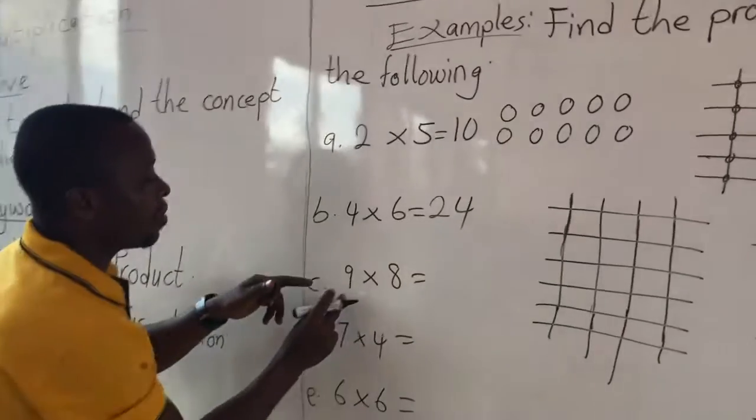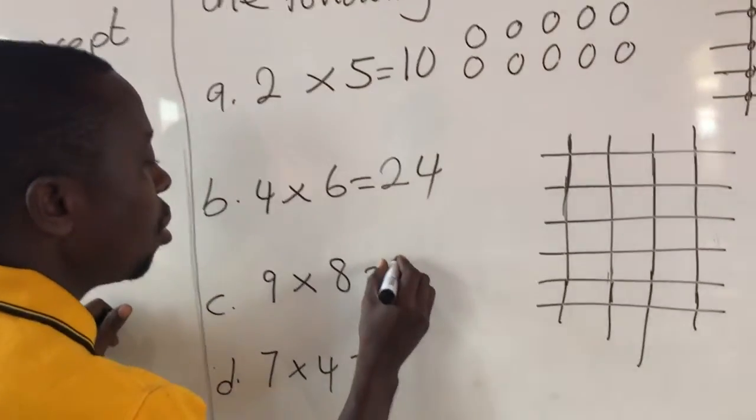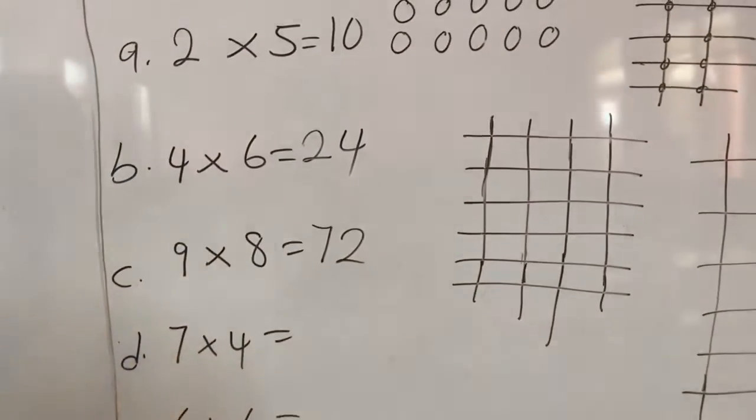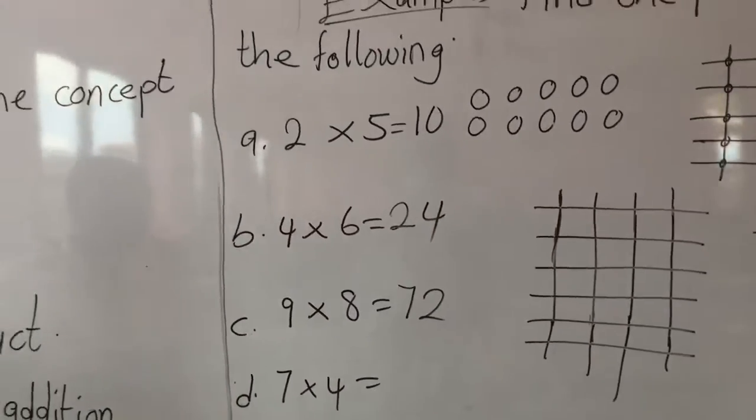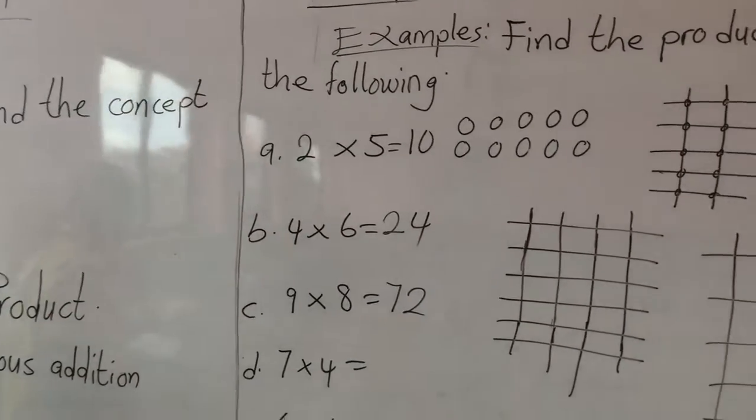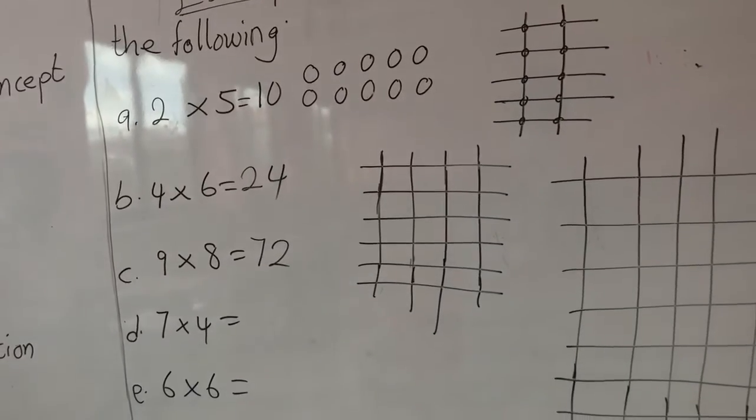Okay, so now we have 9 times 8 giving us 72. Okay, good. Now let's continue with the next example.